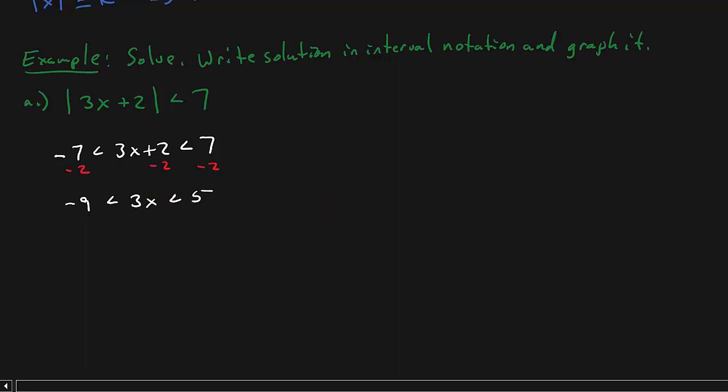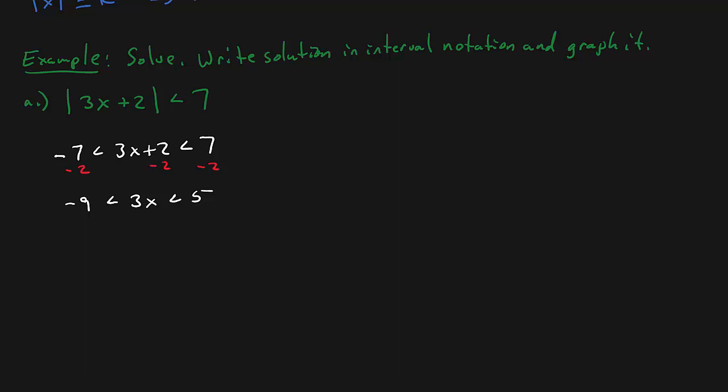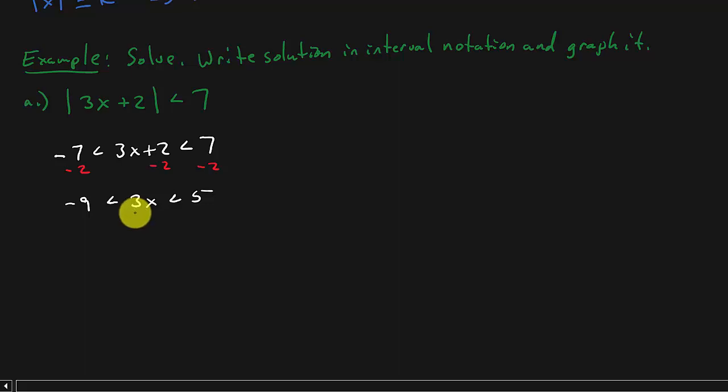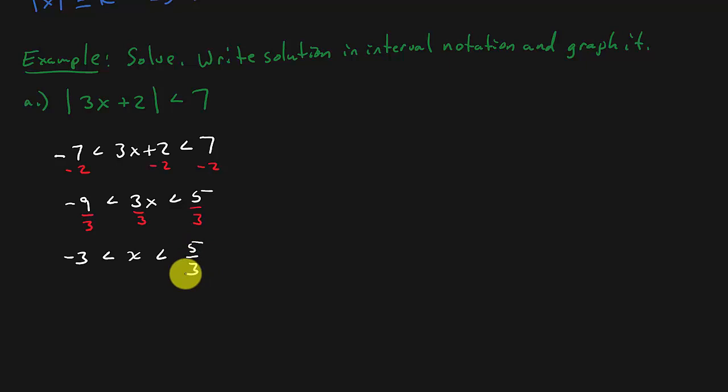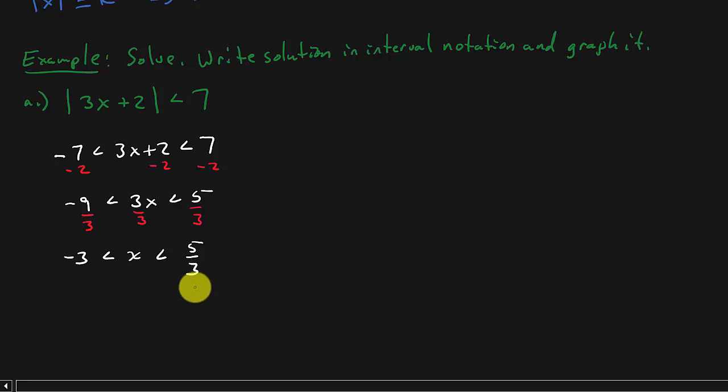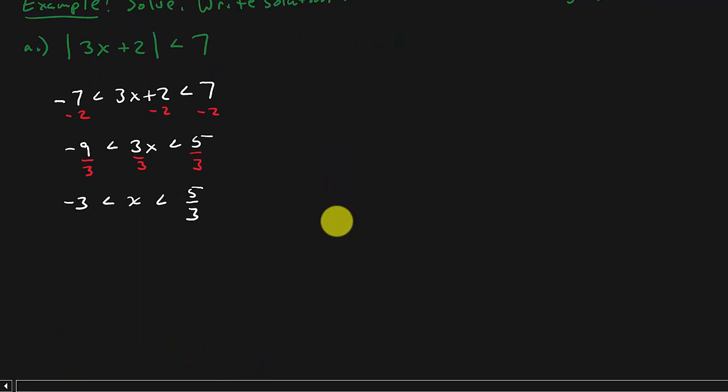We subtracted it from both sides, or all three parts. Now let's divide everything by 3. And so I get negative 3 less than x less than 5/3. Now, don't freak out because you ended up with a fraction as part of your answer.